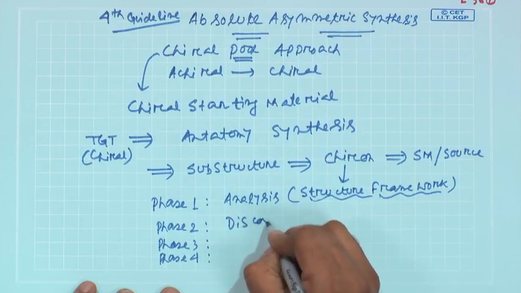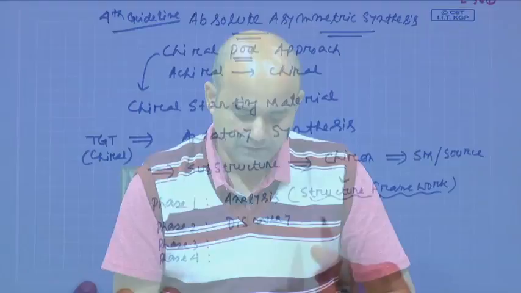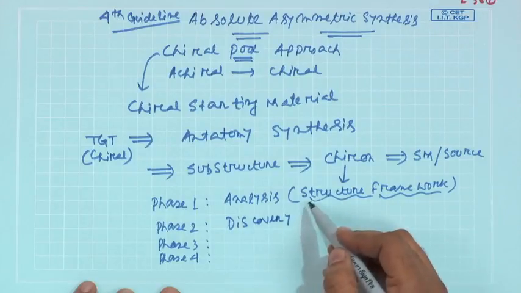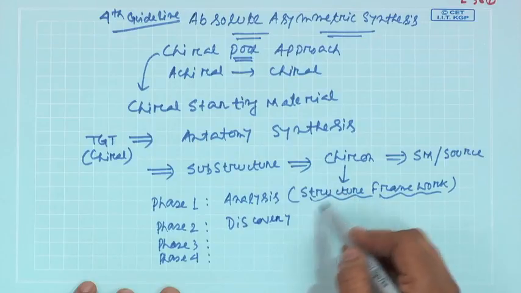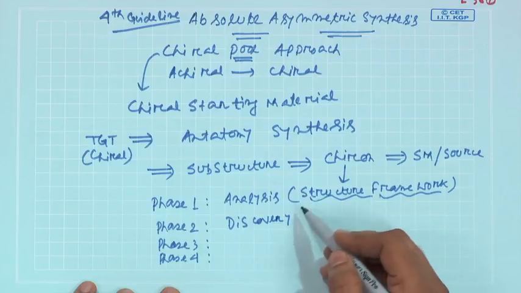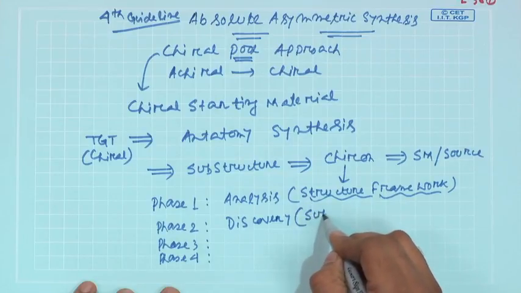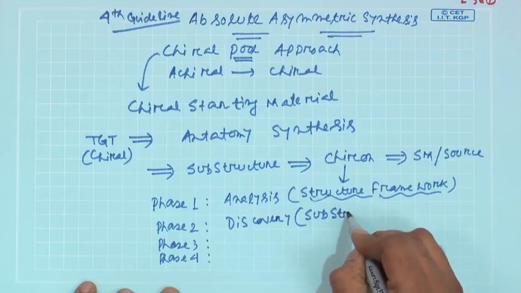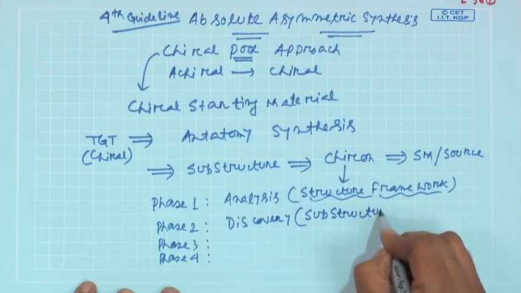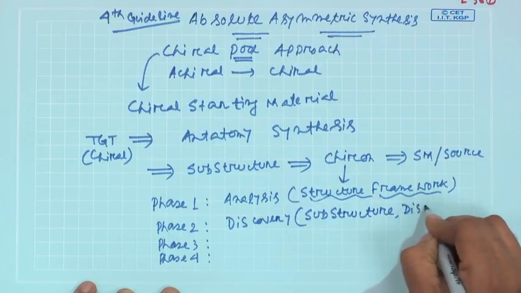Discovery means you know there are certain chiral pools available in nature, and you know the absolute stereocenters of those starting materials. So, now try to correlate how this target structure can be correlated with this starting material. This is your discovery part. You can come to a substructure through a proper disconnection.